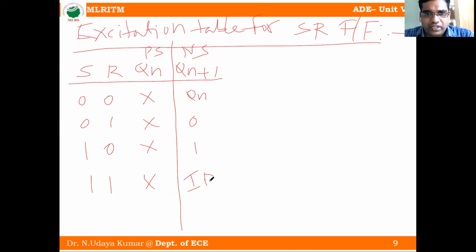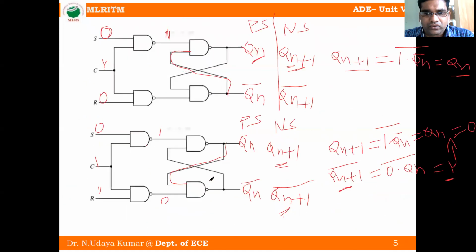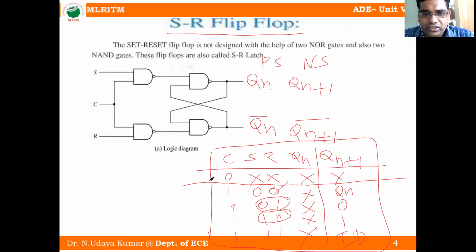I forgot to tell one thing here. So we got the truth table. Whenever 0, 0 is given, the next state is Qn, there is no change, so we call it the no change state. And 0, 1 means we will get next state as 0, we call it the reset state.